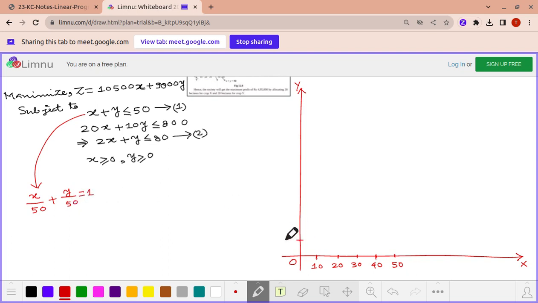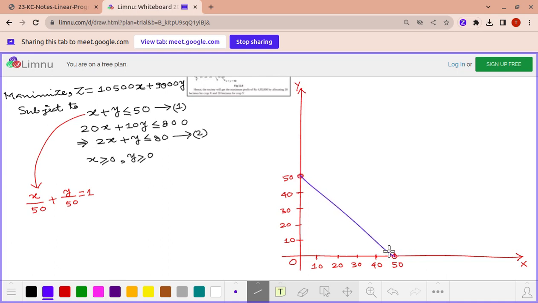So here also we are giving 10, 20, 30, 40, 50. So here is one point, here is one point. Okay, so let us join in the blue color.